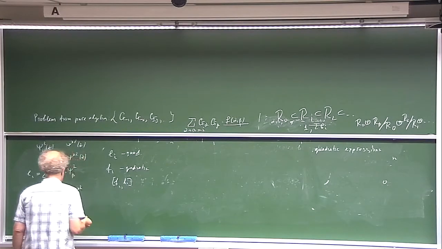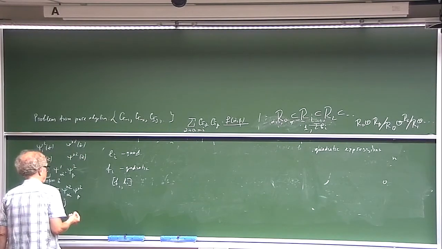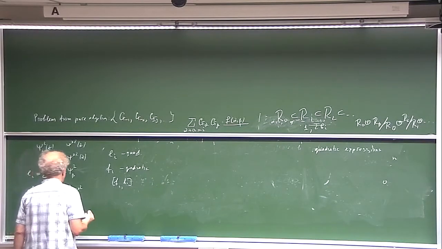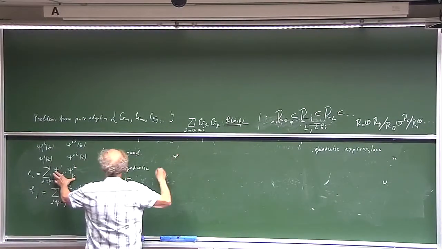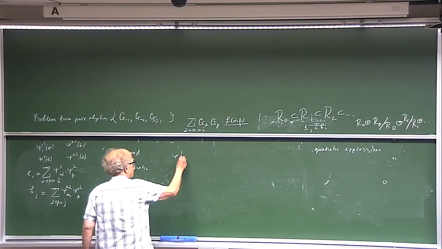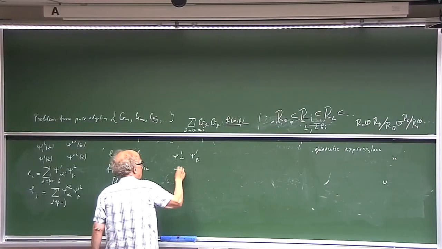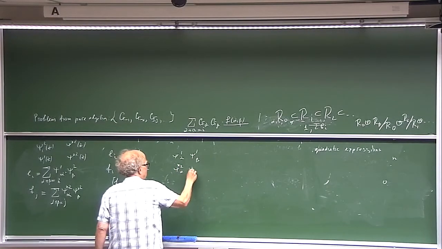Now my space is the Clifford algebra, the space with the basis, the same as here: psi 1 alpha, psi 1 beta, psi 2 star alpha, psi 2 star beta.